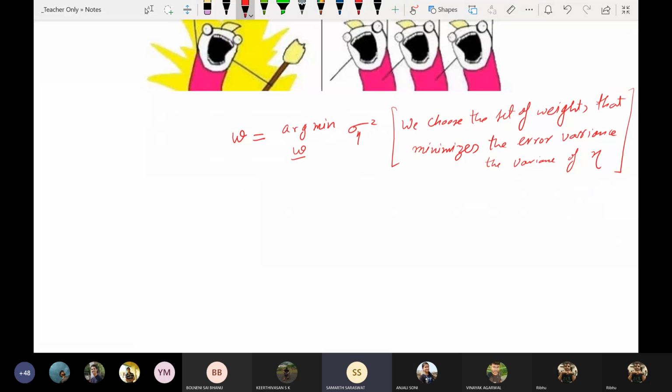Fine. So let's say sigma eta square equals expectation of xn minus x hat n whole square, right?